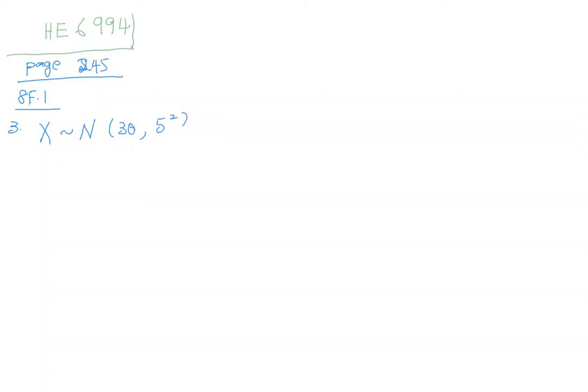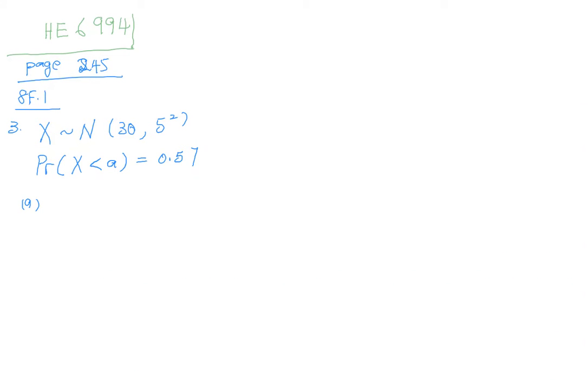Also given that the probability of X less than a number A is equal to 0.57. Okay, part A. They say using a diagram.